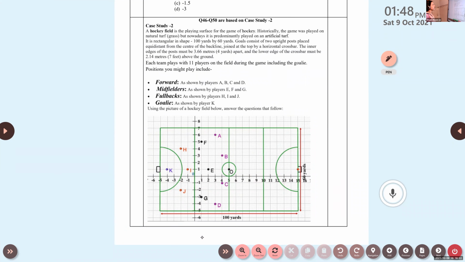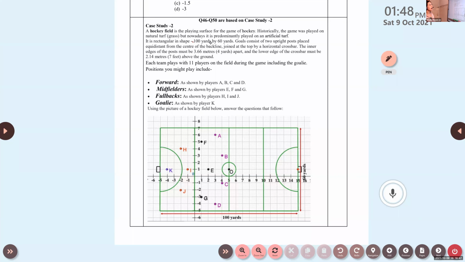A hockey field is a playing surface for the game of hockey. Historically, the game was played on natural turf, but nowadays it is predominantly played on an artificial turf. It's rectangular in shape. Its measurements are given as 100 yards by 60 yards, so the length is 100 yards and the breadth is 60 yards.